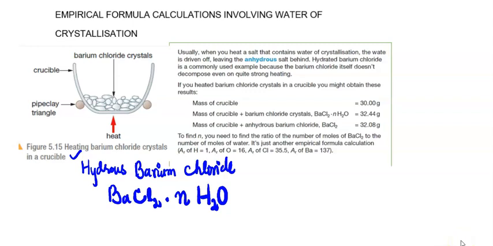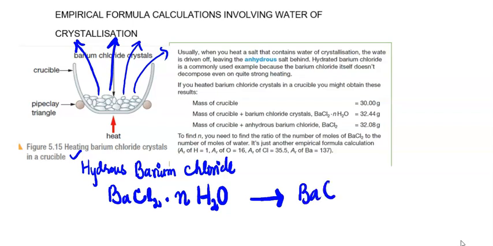So when we heat this barium chloride in a crucible, what happens? The water present in it is driven off. On heating, water is driven off, and we get barium chloride, and we show that water is just driven out.